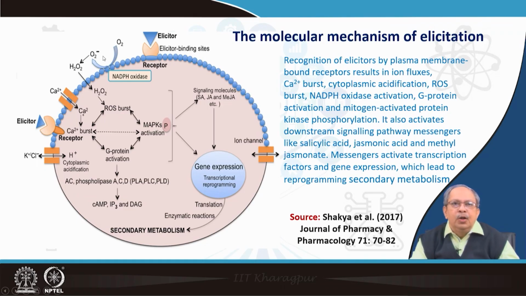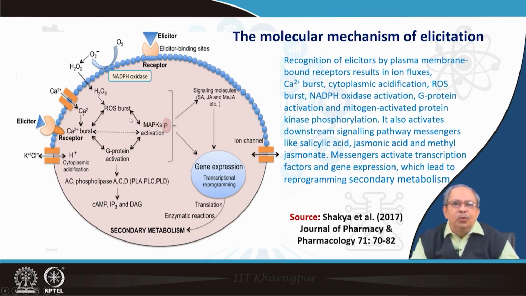Not only that, when there is a ROS burst, it produces H2O2. This H2O2 of course will play an important role, but not only in ROS; this H2O2 can also activate other pathways leading to the higher expression of the genes.